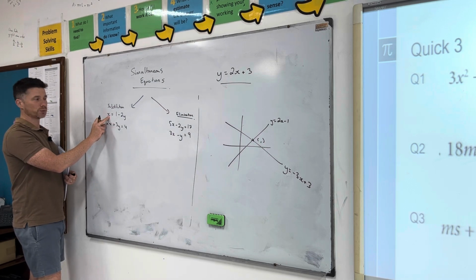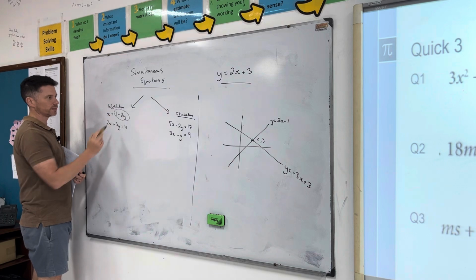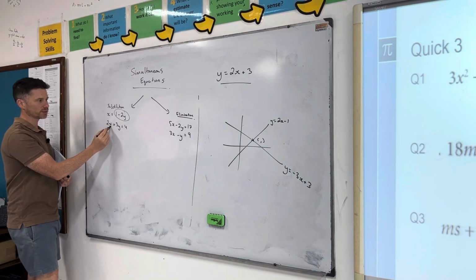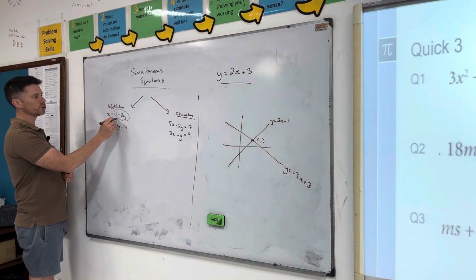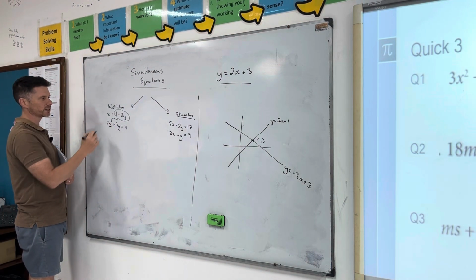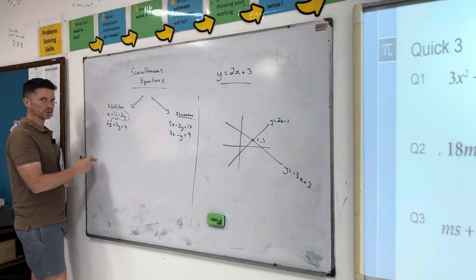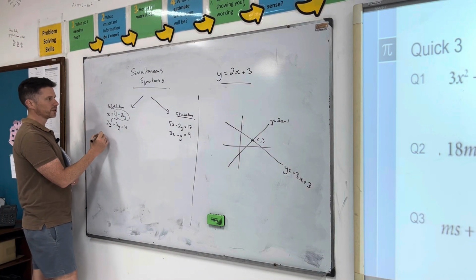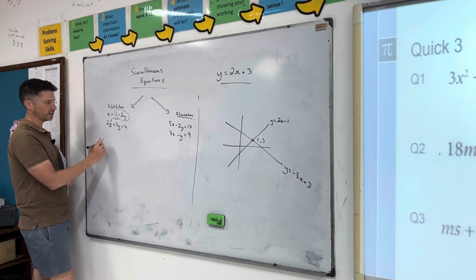This is set up so x already equals something. So if x equals this, then this x must also equal that at the same point. So I can substitute this value for x into there because I have x equals. So my first line of this one is taking that second equation and replacing it.